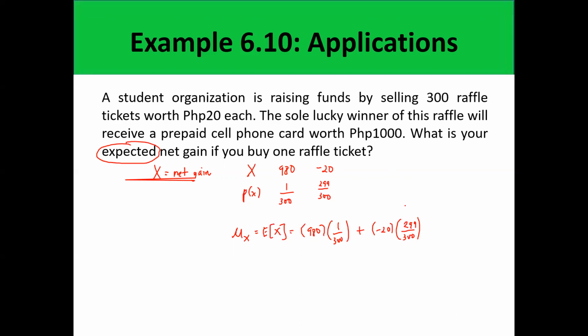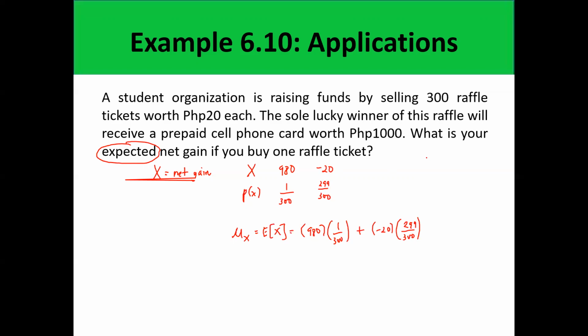In case the mean here is negative, then that means every time that a player would play this game, or every time the player would buy a raffle ticket, the student will always lose money.